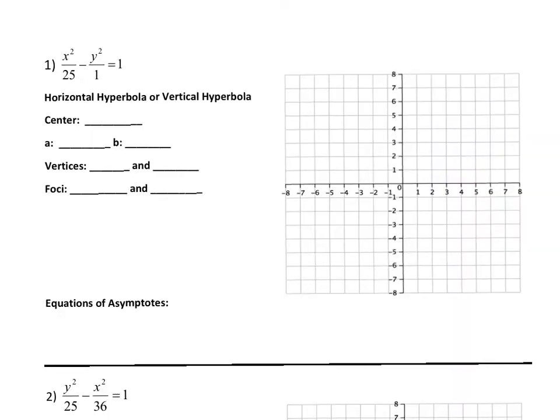The first thing we want to do is decide if it's a horizontal or vertical hyperbola. Well, we have to look: does x squared come first or y squared come first? Since the x squared comes first, it's going to be a horizontal hyperbola.